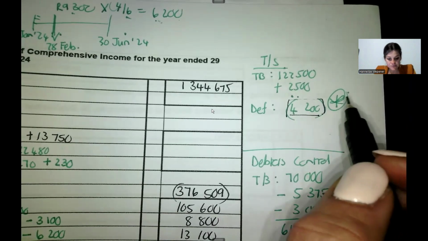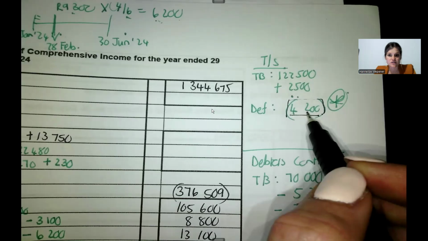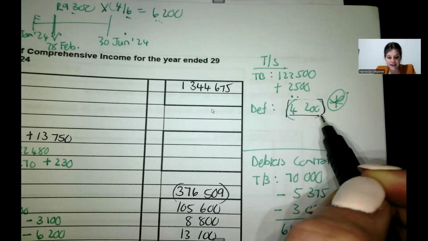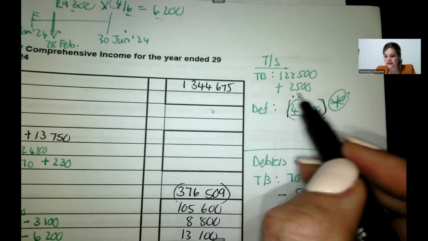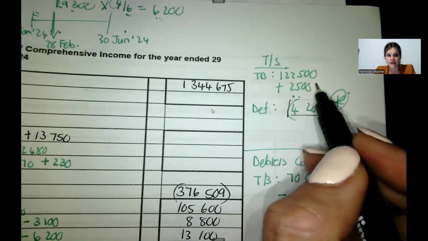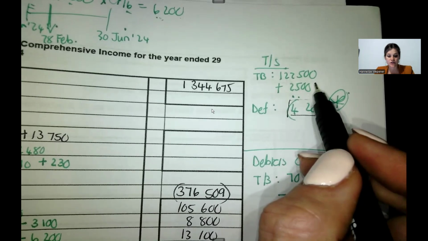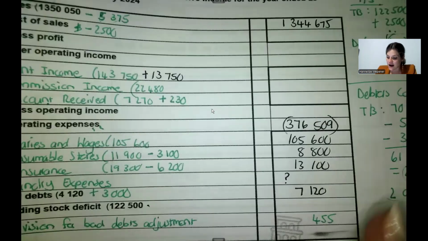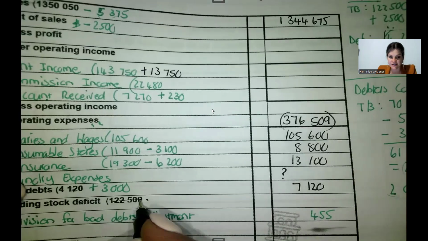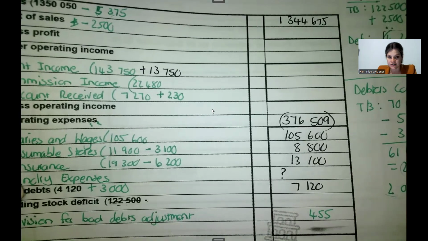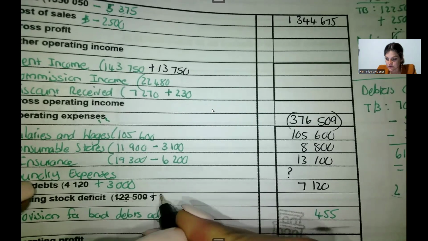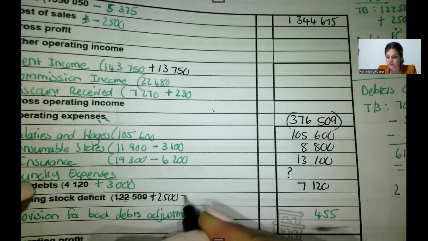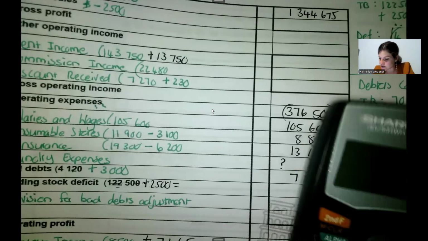However, we must remember that the 4,200 was counted before we took into account the 2,500 Rand returned from one of our debtors. Therefore, our trading stock deficit is definitely not the 4,200, because we also had 2,500 in trading stock that was returned.